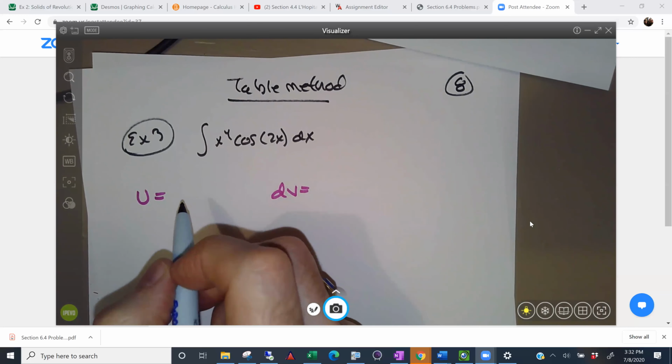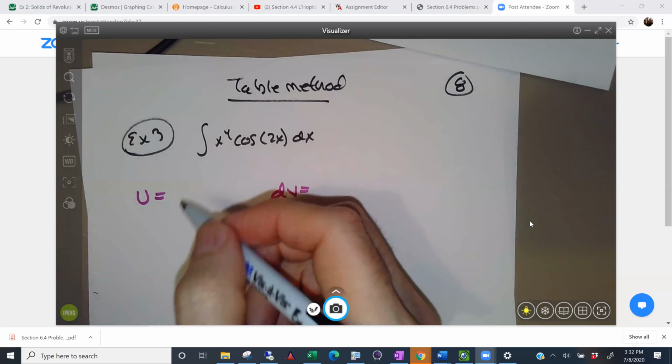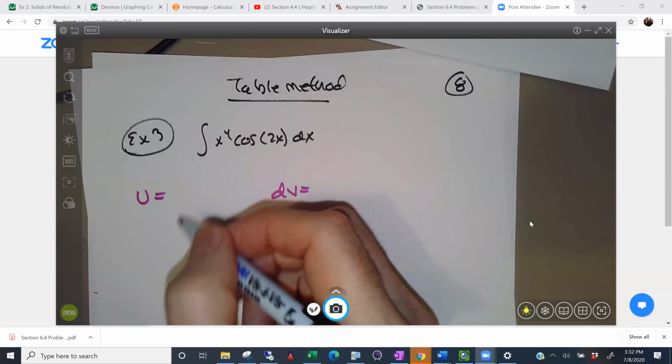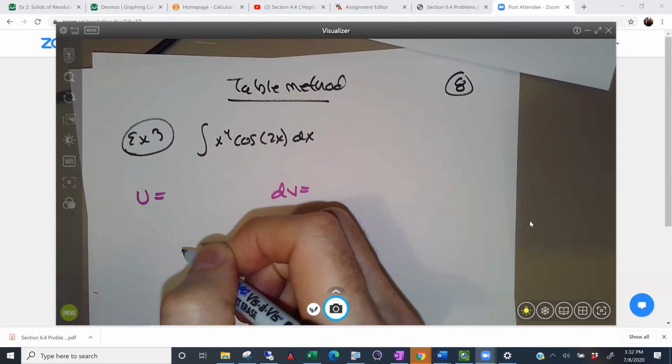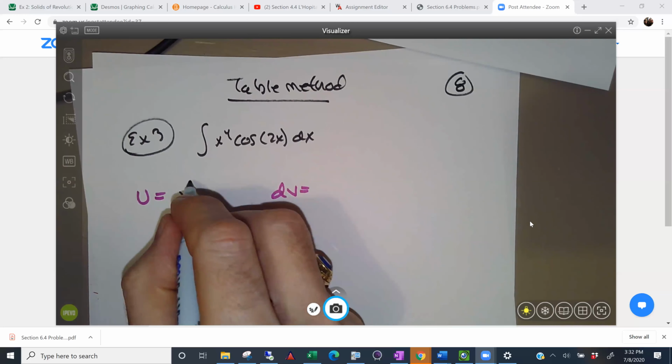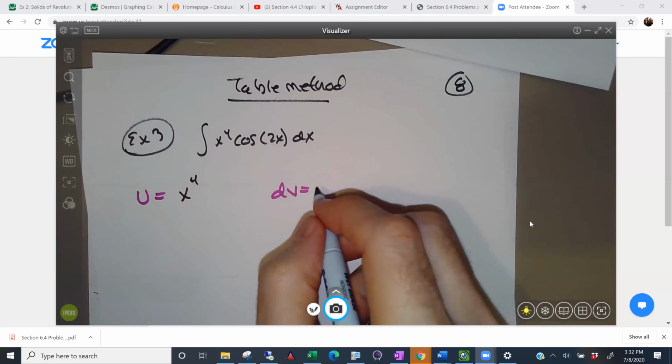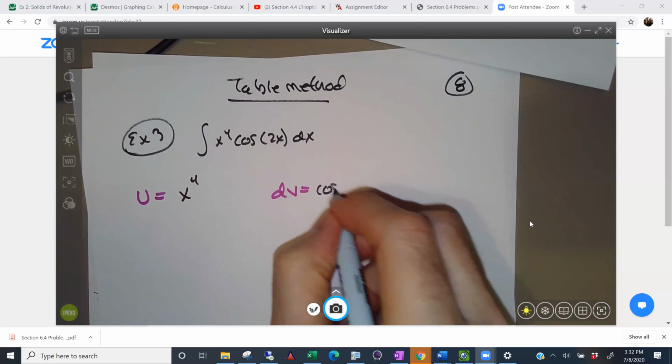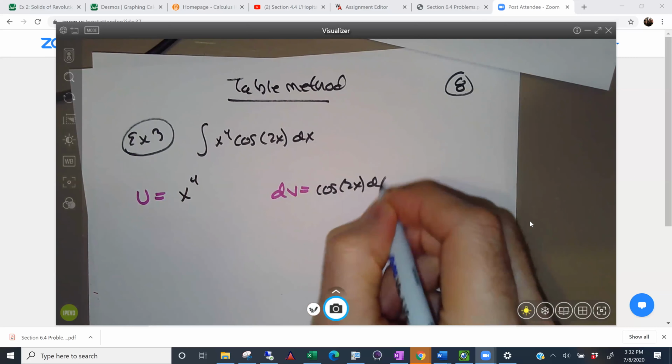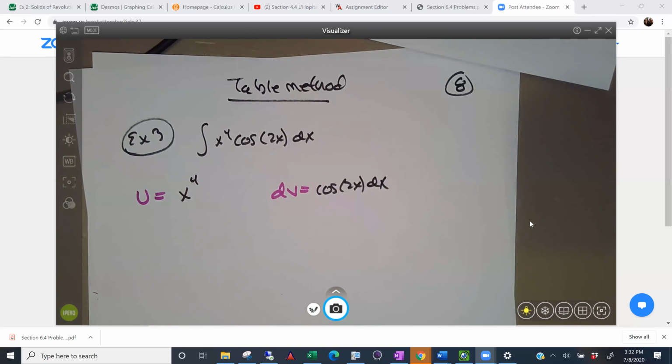You're going to get x to the third power. So you're lowering the power, and it's in some sense becoming an easier function. So let's do u equals x to the fourth power. Thanks for trying. And that leaves dv as cosine of 2x dx.